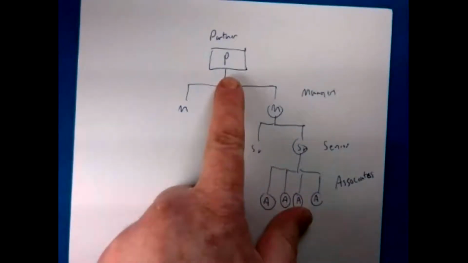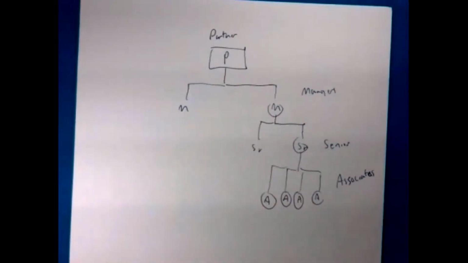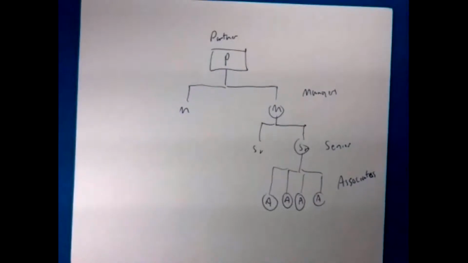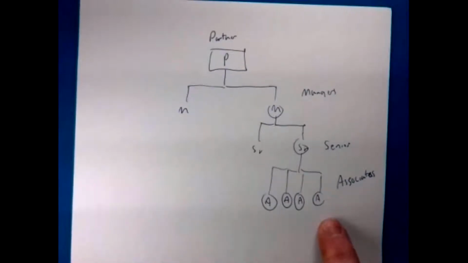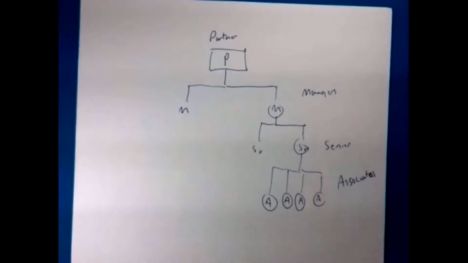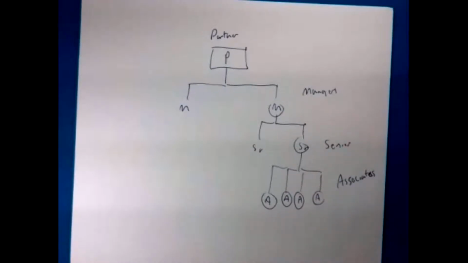Because you have to have partners to survive, you have to have somebody that will bring in the business. You cannot have these slots plugged up with people who can't be promoted. So this is why they talk about it being up or out, because partners don't live forever, and you need to have people to move up to become partner.